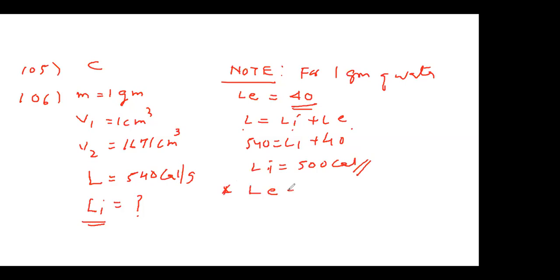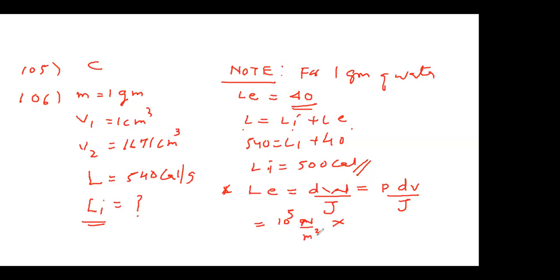First, external latent heat मतलब work done. Work done का unit होता है joule. This is given in calorie, so I will divide by J. So this is pressure into change in volume upon J. Pressure is 1 atmosphere. All units are CGS. So it is 10⁵ Newton per meter square. We have to convert at the end everything in erg because this is in CGS unit.